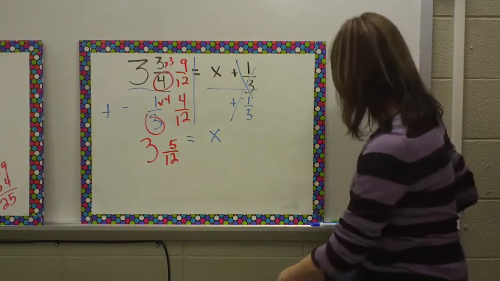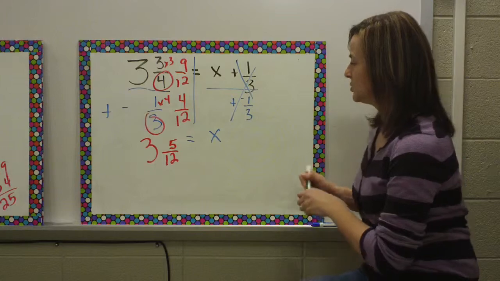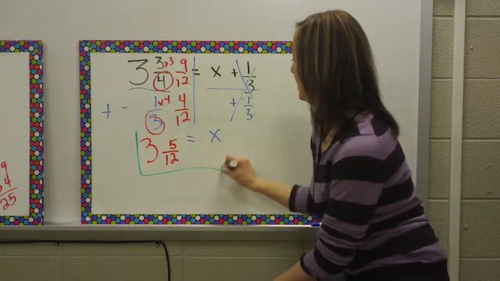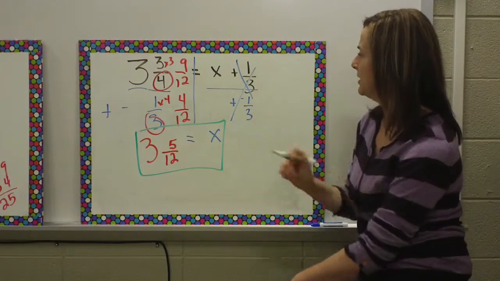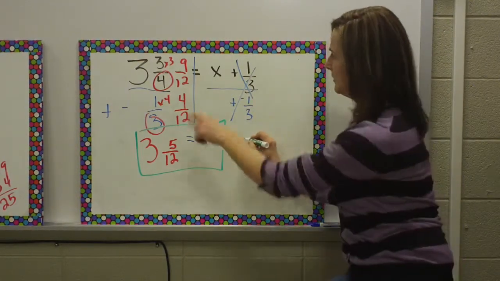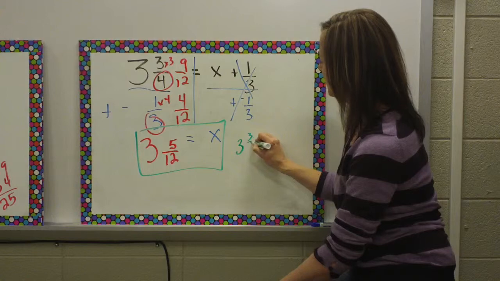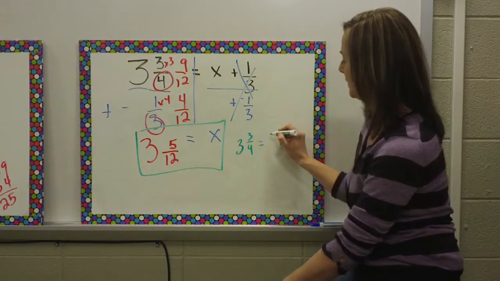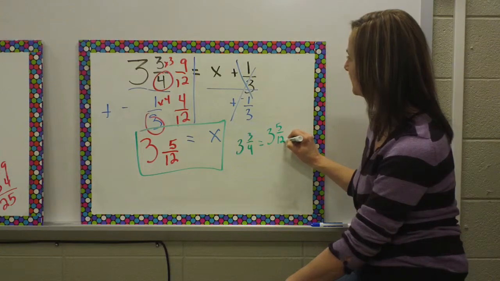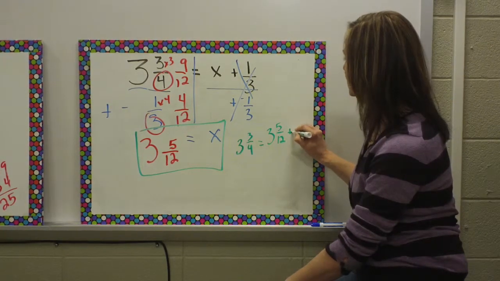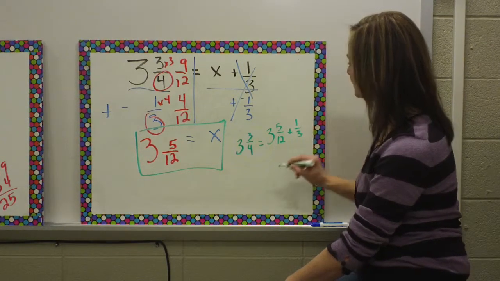Now again, the only way to be sure is to plug in and check. So right now, I think x equals 3 and 5/12. Let's see if I'm right. So my problem read 3 and 3/4 equals, I'm going to plug in for x, 3 and 5/12 plus 1/3.